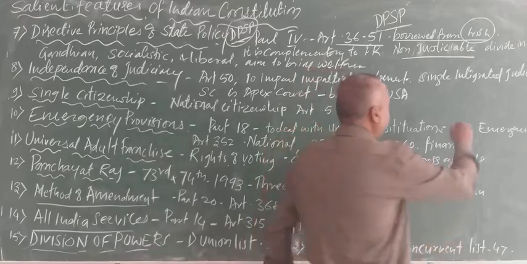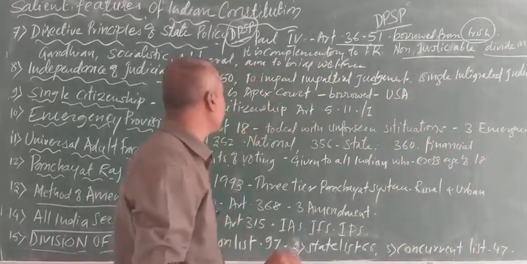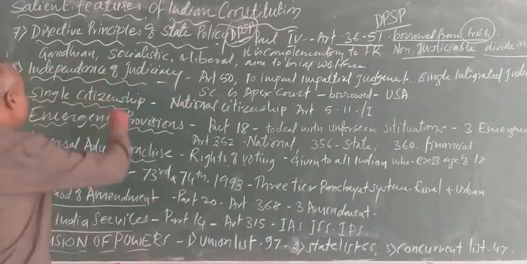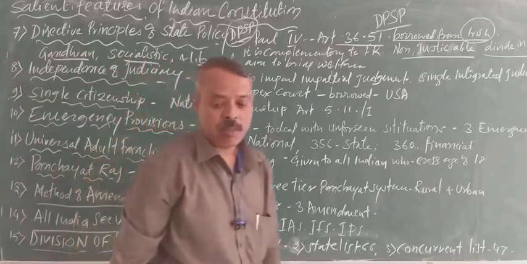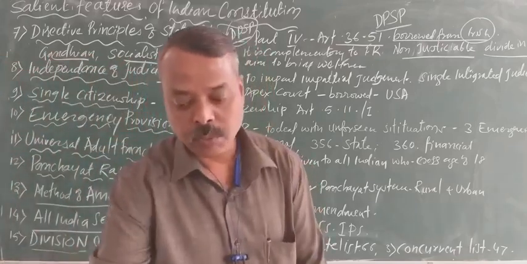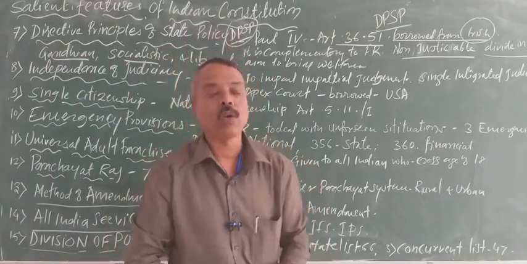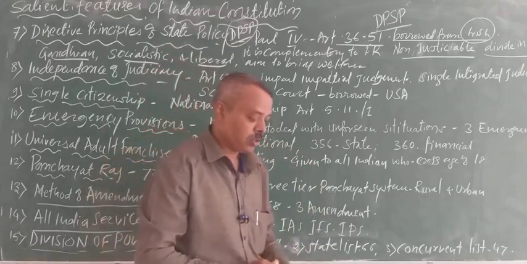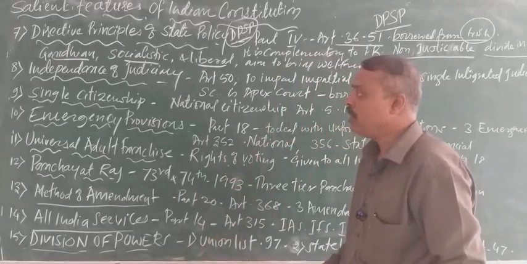These DPSPs are divided in three categories: one is Gandhian principle, second is socialistic principle, third is liberal principles. The main aim of these three is to bring a welfare state, or all-round development and welfare of the people.